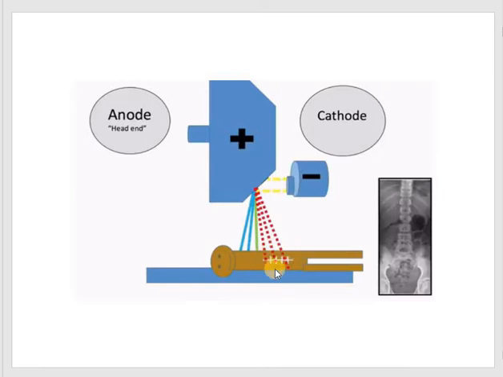Because this area of the human being possesses high density tissue, this body part is positioned at the cathode end, so we don't position our patient the other way.